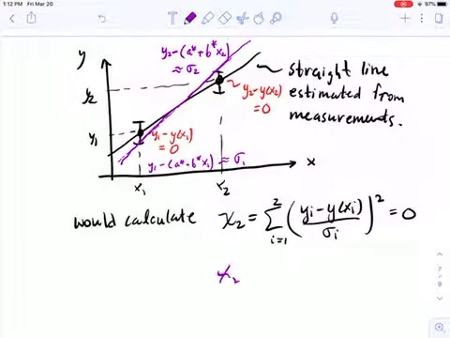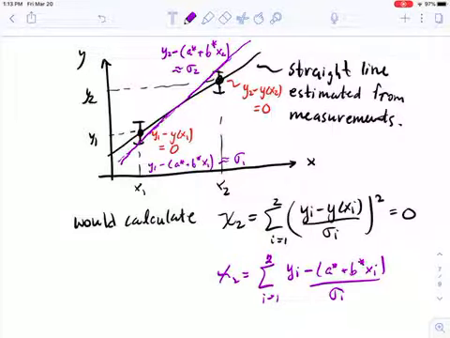The chi-squared calculated from the true intercept plus the true slope times xi over sigma i squared, that would come out to be about equal to 2.